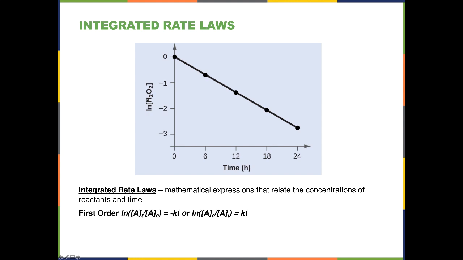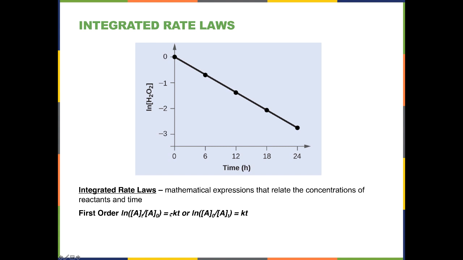With the first order reaction, as I said last week, the natural log of the concentration at any time t over the concentration at time 0 is equal to the negative rate constant times the time that you've selected.